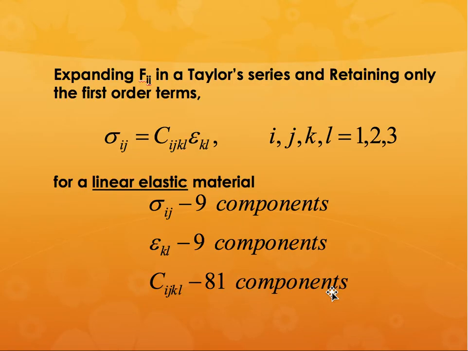If you expand that, you have sigma ij, which has 9 components, epsilon kl can be 9 components, and this global matrix has 81 components. If you don't simplify the matter, this is how it is going to turn out.